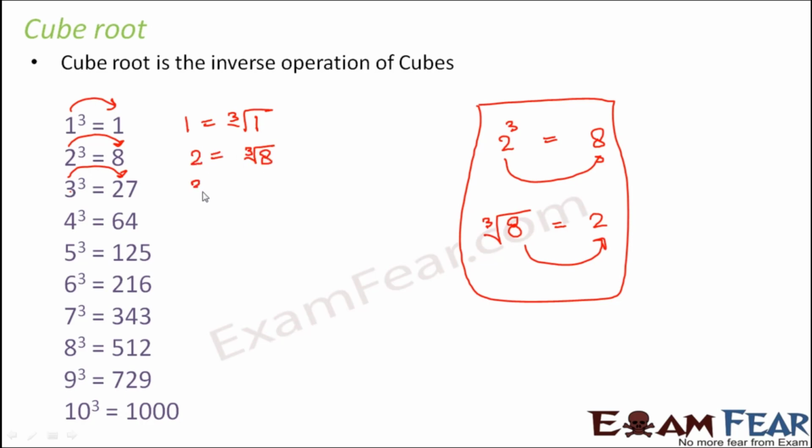You want to get 3 from 27, so you cube root 27. You want to get 4 from 64, so you cube root 64, and so on. In this fashion, we see that cube root is the inverse function of cube. And this symbol is called cube root, and it is read also as cube root.